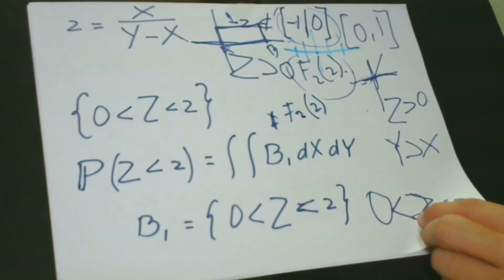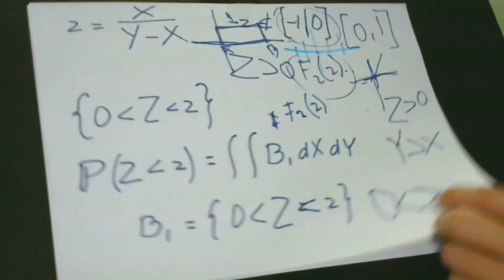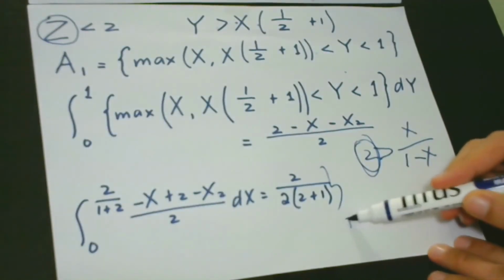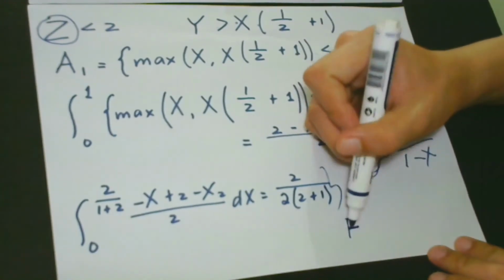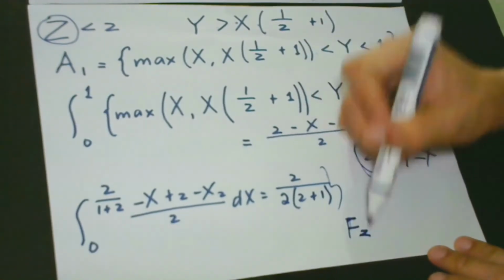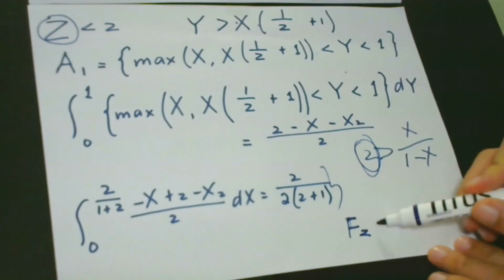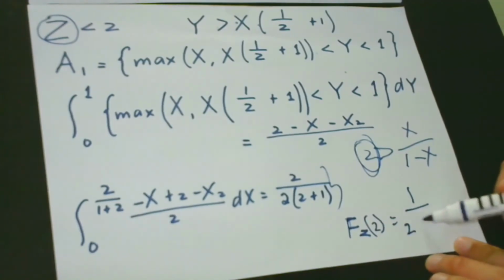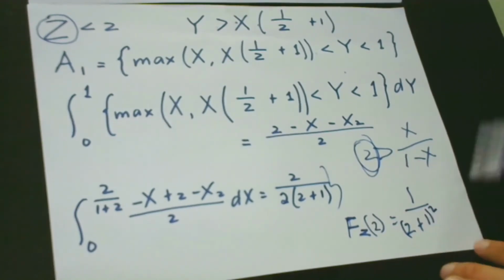At what point? So how do we do that? We're going to do f of z, which is equal to 1 over z plus 1 squared, where z is greater than 0.